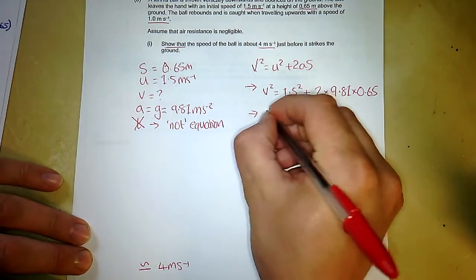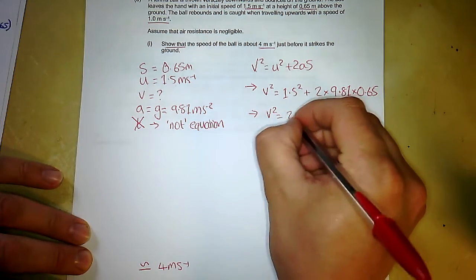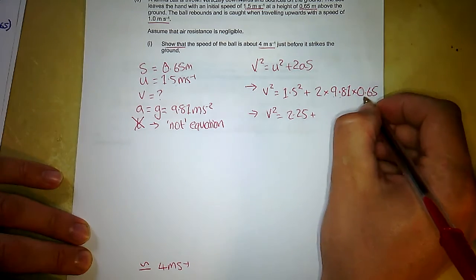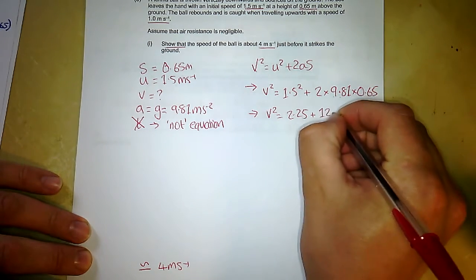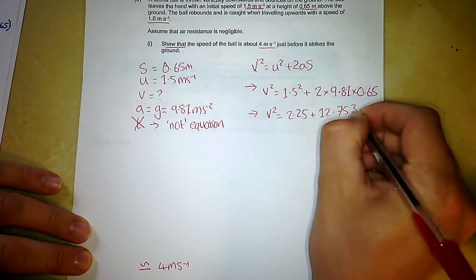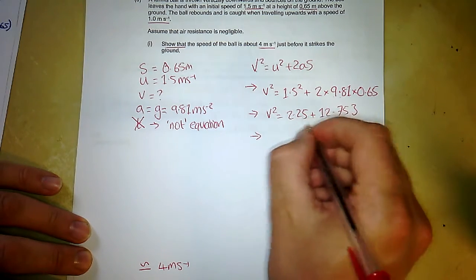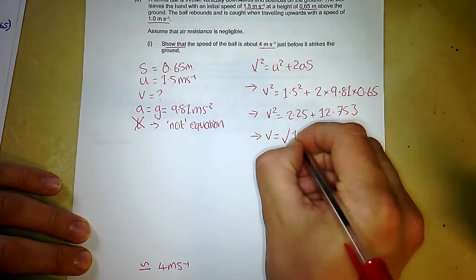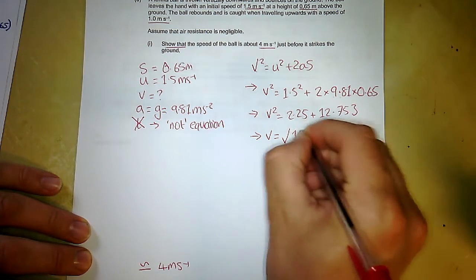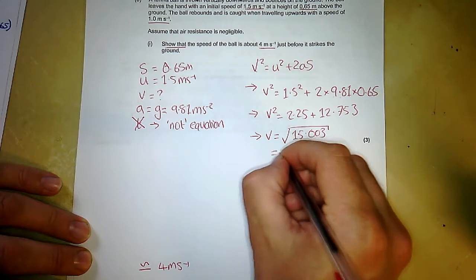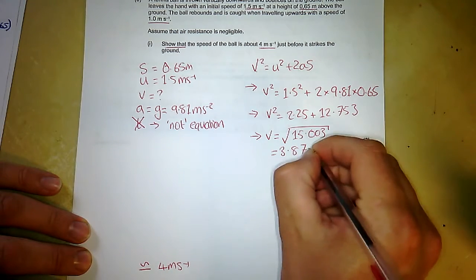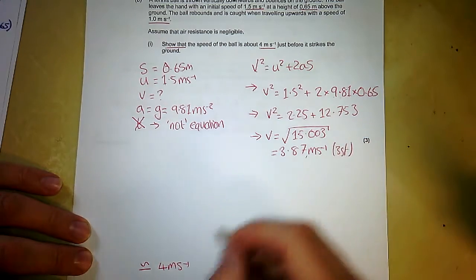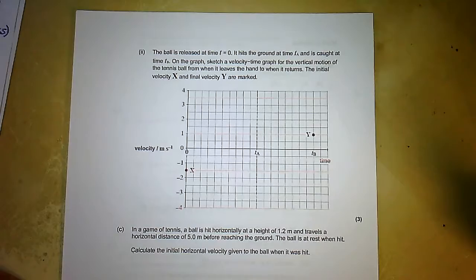Simplifying, we get v squared equals 2.25 plus 2 times 9.81 times 0.65, 12.753. Add those two, that's v squared, so v is the square root of 15.003, which is 3.87 meters per second to 3 significant figures, which is approximately 4 meters per second.